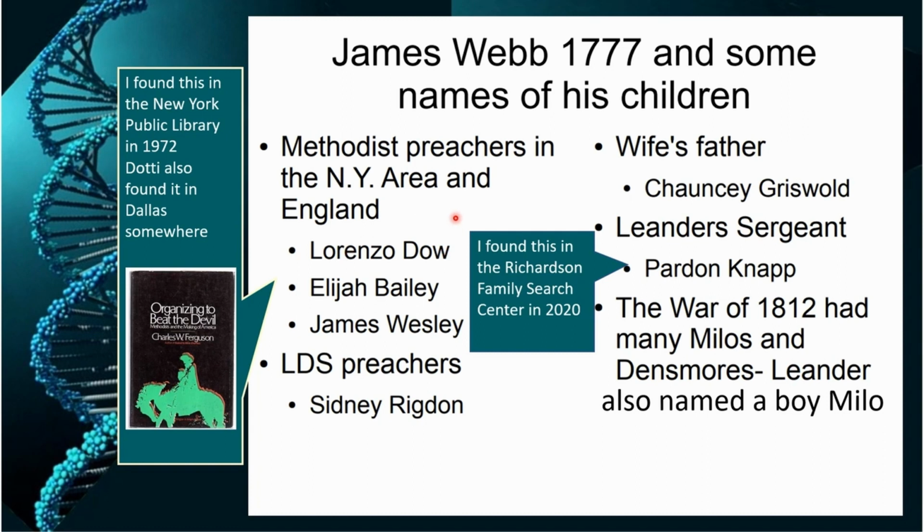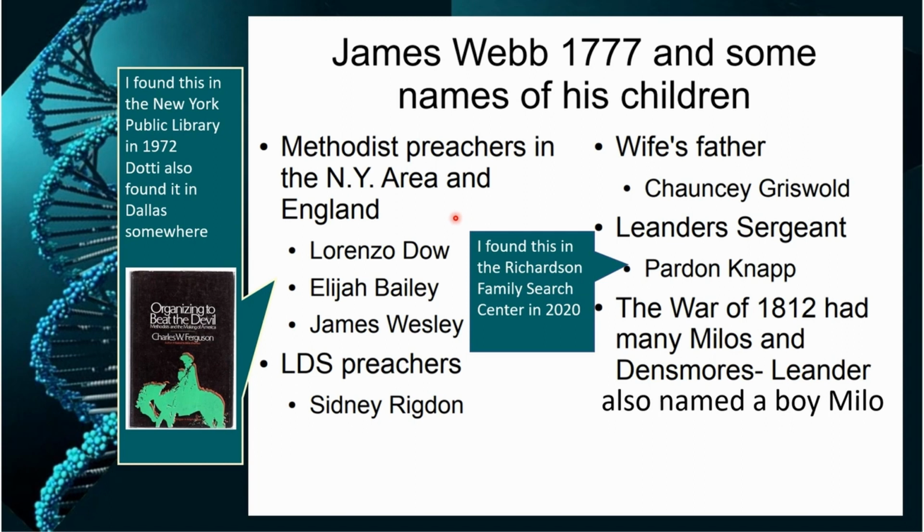So you find Lorenzo Dow Webb, Lorenzo Dow Snow. There's even a Lorenzo Dow Young, one of Brigham Young's sons, because he was so famous. And by the way, if you're a Baptist, you wouldn't name your children after Methodist preachers.